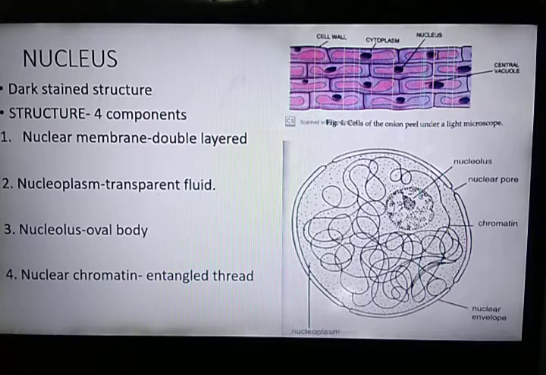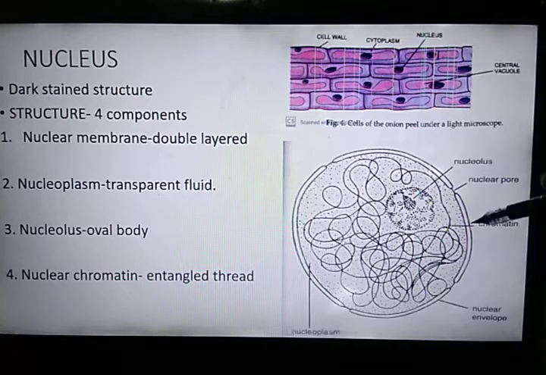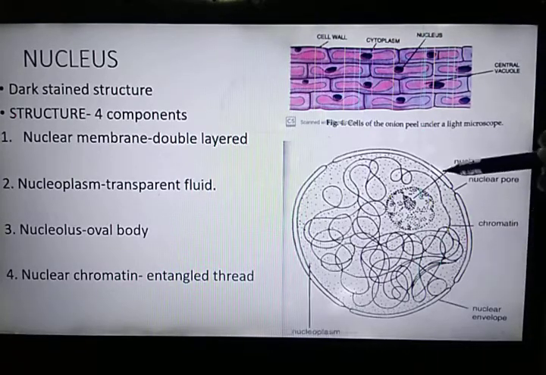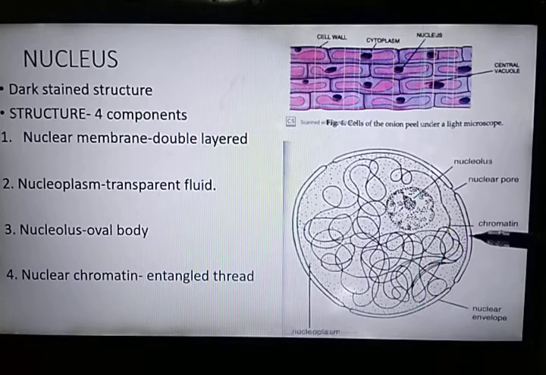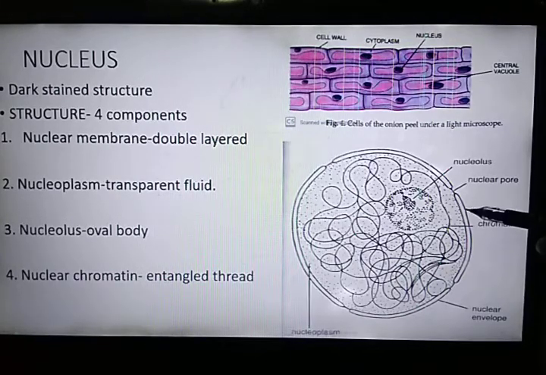Now what is the structure of the nucleus? The nucleus has four components. The outer covering of the nucleus is known as the nuclear membrane. It has two layers, an outer membrane and an inner membrane.